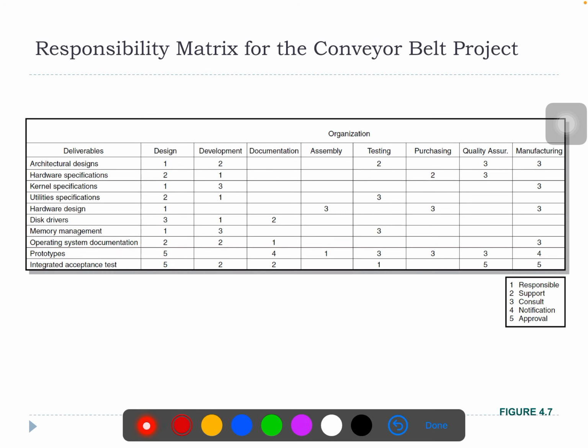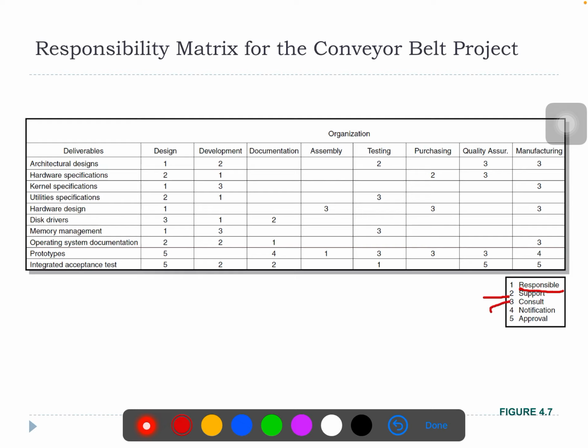So this is another example of a responsibility matrix. It is much more complex in relationships. Previously we had only two kinds of relationship, but now we have five, right? Okay, so what is shown here? Number one is the person responsible. Number two, the person who's supposed to support.